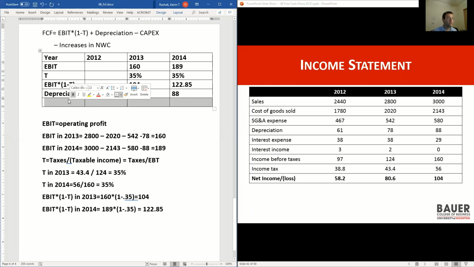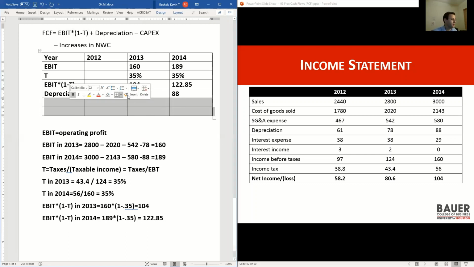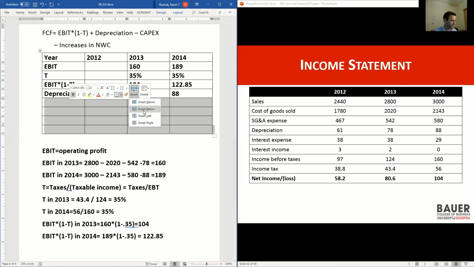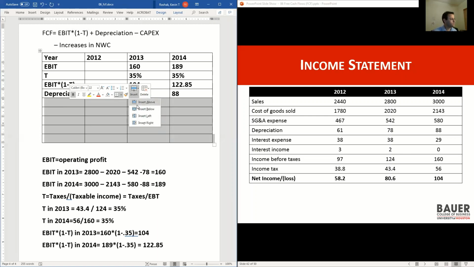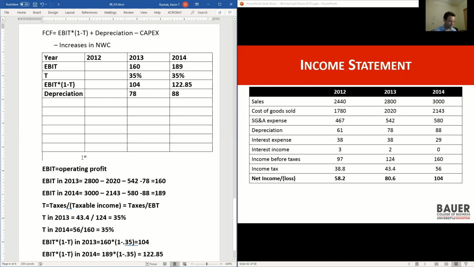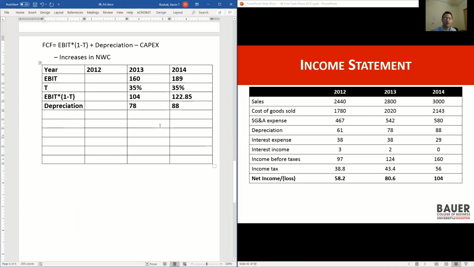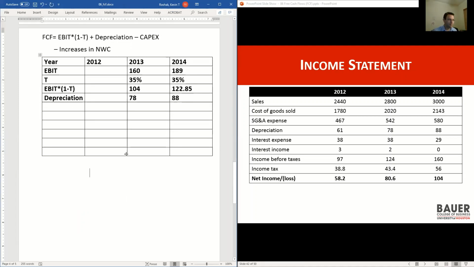So now we've got two pieces down. We're going to need to get CAPEX and increases in net working capital still. But so far, we're halfway there. Going to give us some more rows to work with because we're going to need them. All right. How do we get CAPEX? That's going to be the next piece. Can we get CAPEX from the income statement?